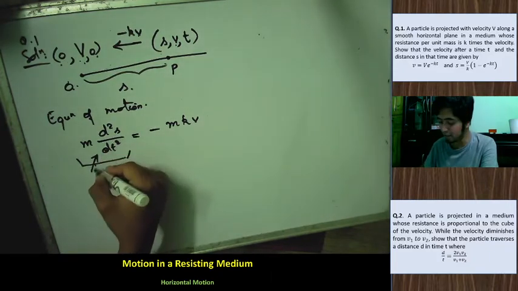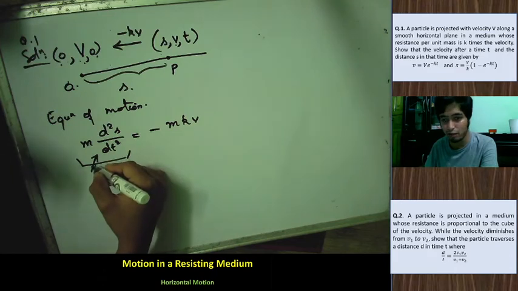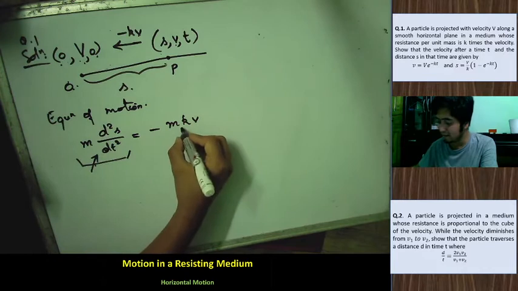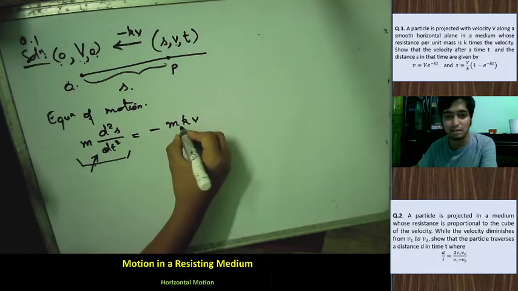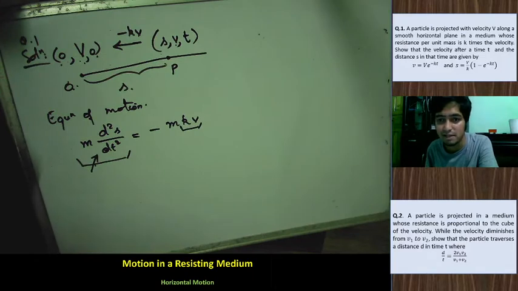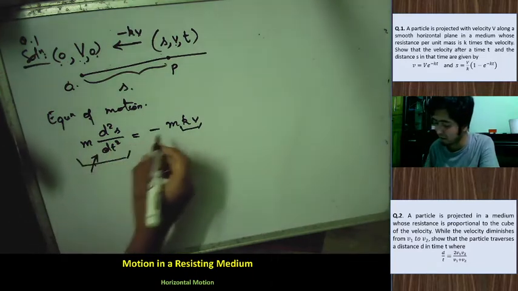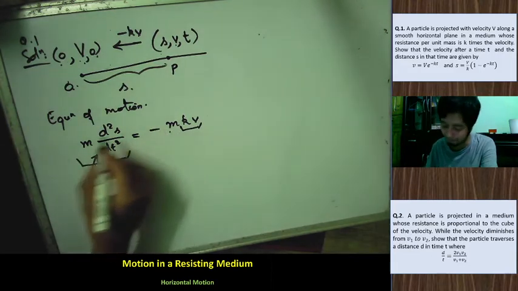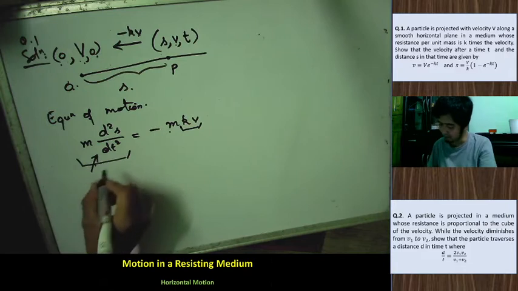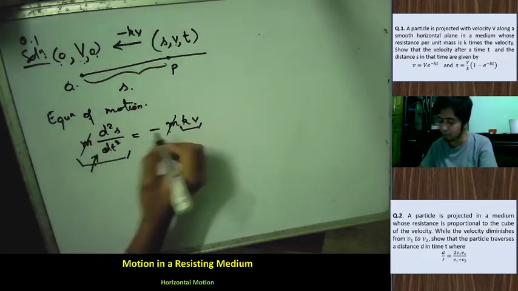The force experienced by the body at time t and at distance s is only the resistive force. The resistive force is kv, if you see the question. But that resistive force is per unit mass, so we have to multiply it with m if it is the force for mass m. Then we can cancel m from both sides.